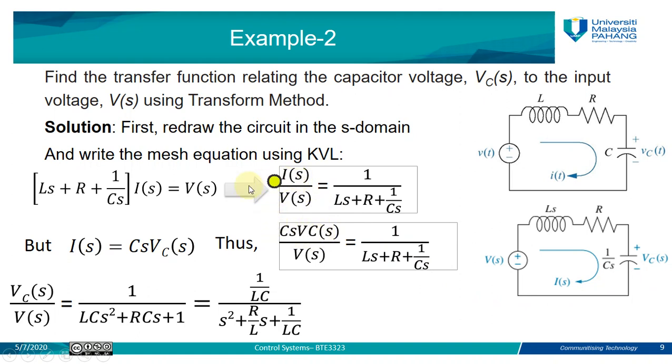First we need to simplify this one: Is over Vs equals 1 over Ls plus R plus 1 over Cs. But the value of Is, which is the current here, is equal to Ics, the current which goes through the capacitor, which is the same. What is the value of Ics?